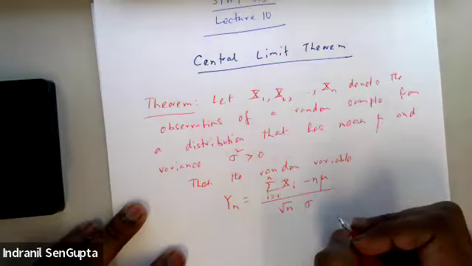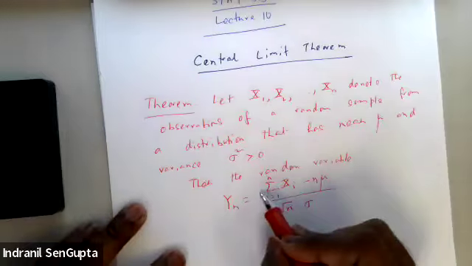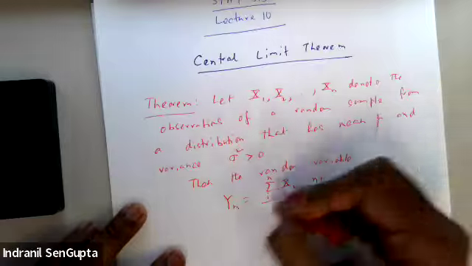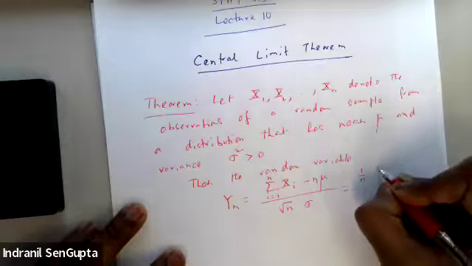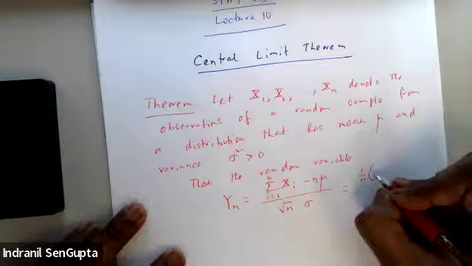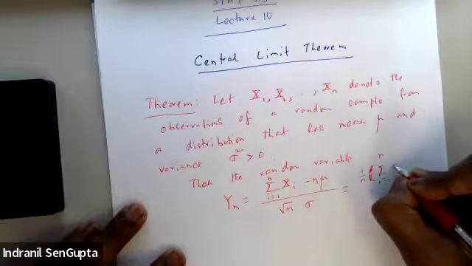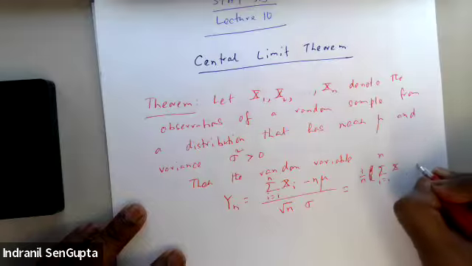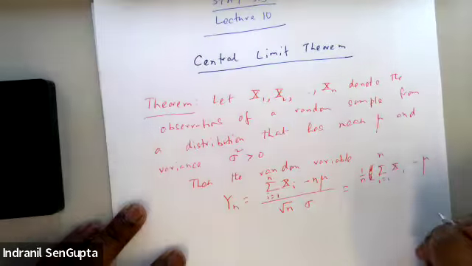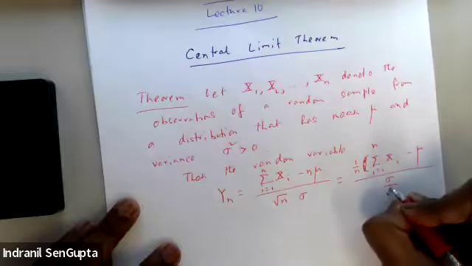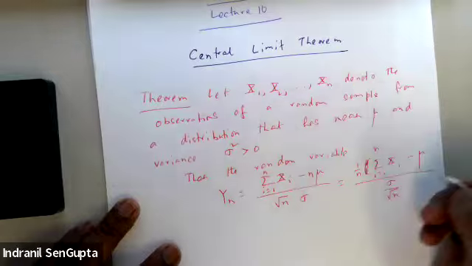In other words, if I just divide everything by n, this is nothing but 1 over n summation i from 1 to n. I'm dividing the numerator and denominator by n. So this is mu, and this becomes sigma over square root of n. This should look very familiar.